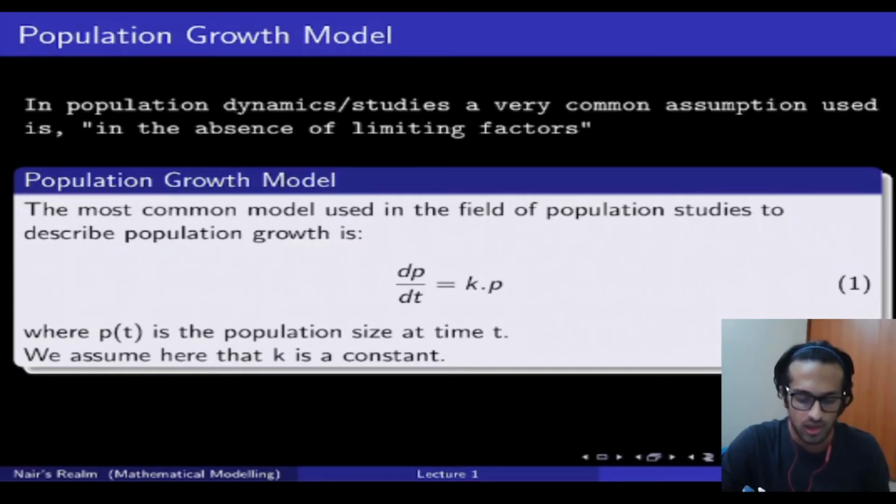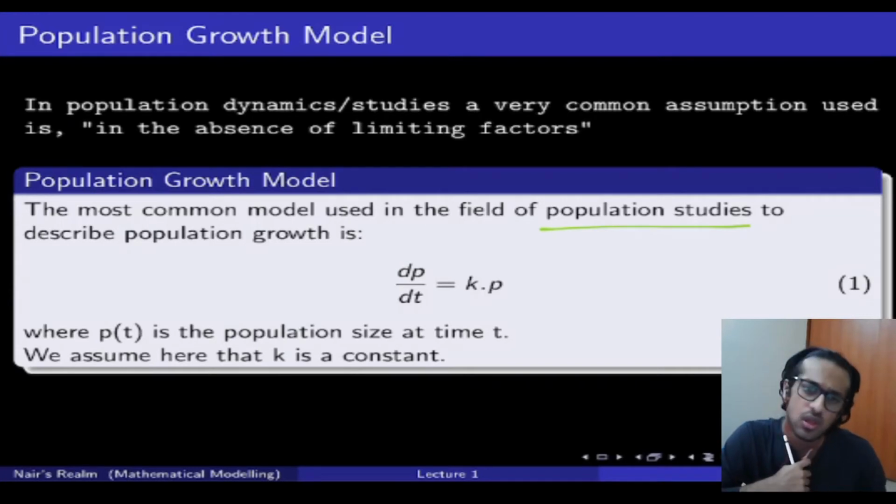In population studies, which is a very important and popular field, they made this model many years back about how the population in the world is growing. If you read any famous documentation that people from the field of population studies have published, you will see that in the 20th century and maybe even before that, when resources were not an issue, they always considered that there were no limiting factors to human beings expanding.